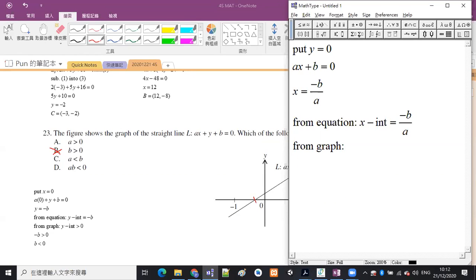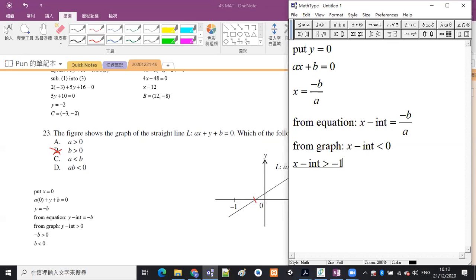Okay, so that is x-intercept is less than 0. Okay, but it is also on the right side of negative 1. Okay, 係咪都係喺負1嘅右手邊？Which means that our x-intercept is larger than negative 1.